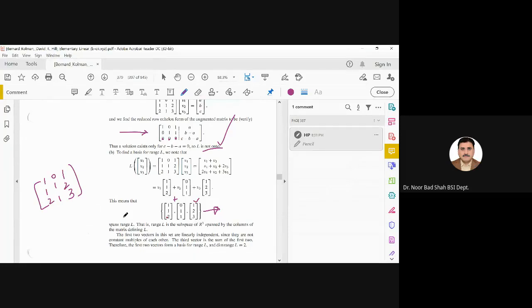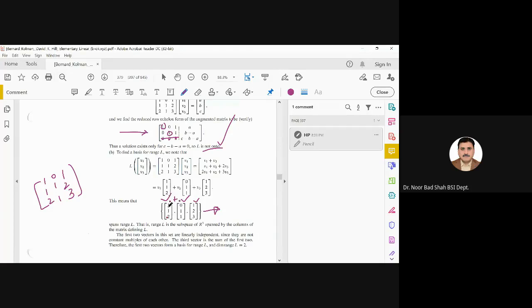So how do you find a basis for it? As we have done in the last lecture, we have three vectors which span the complete space, and then you are looking for a basis, so we convert that into echelon form and go for the leading ones. We are having these two vectors only, first one and second one, because from the echelon form of this matrix this row is completely zero, so one leading is here and the other leading is here, so we will take the first vector and second vector.